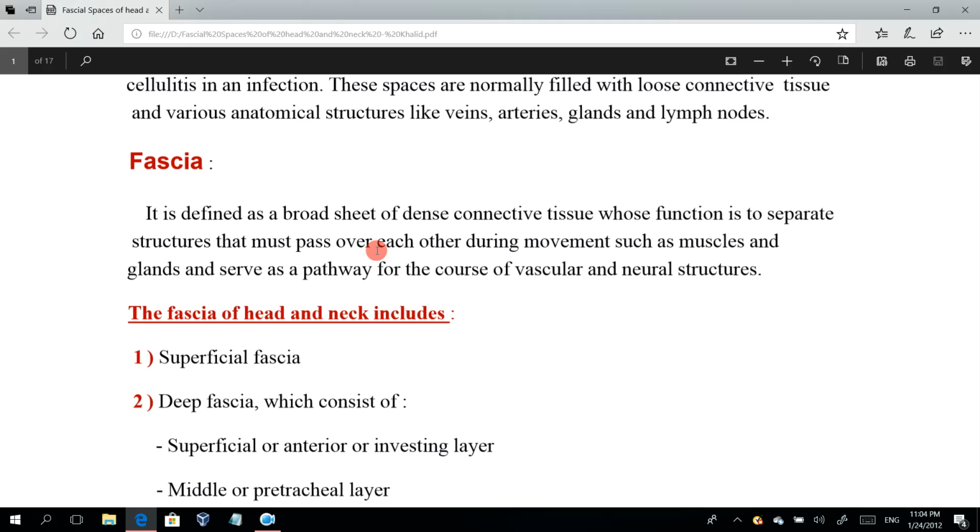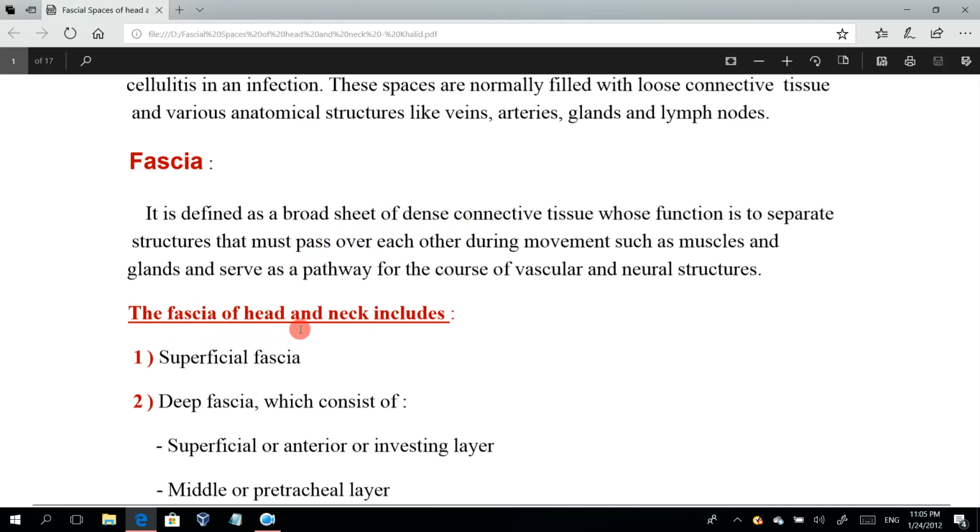To understand the facial spaces and where these facial spaces are, we should know the distribution of the fascia, this sheath of dense connective tissue, how it is distributed in the neck and in the face.